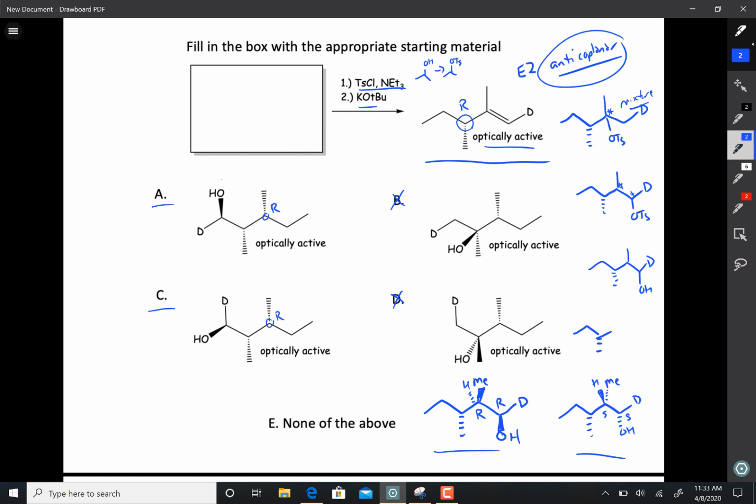So this molecule here, 1, 2, 3, that's an R chiral center. 1, 2, 3, that's also an R chiral center. So that's a possibility. Here, 1, 2, 3, that's an S chiral center. 1, 2, 3. That's an S chiral center. So that's a possibility as well.